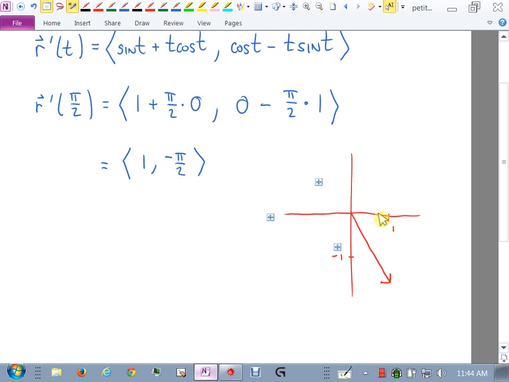It goes to the right 1 and then down more than 1. That's what the vector looks like. However, this vector should represent the tangent to our original curve. Remember, a vector can slide around, right? So what we want now is the actual equation of the line that's tangent to our curve.